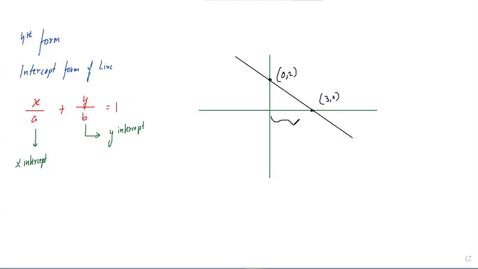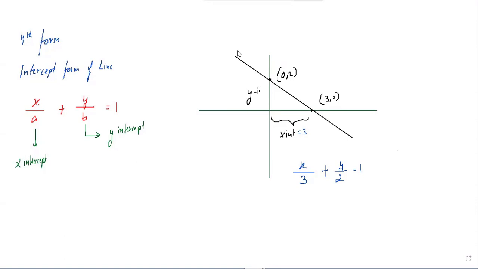So this becomes your x-intercept. Remember, it is with sign. Here both are positive. If this would have been over here, it would be negative. So the equation of the line becomes x upon x-intercept, which is 3, plus y by 2 is equal to 1.